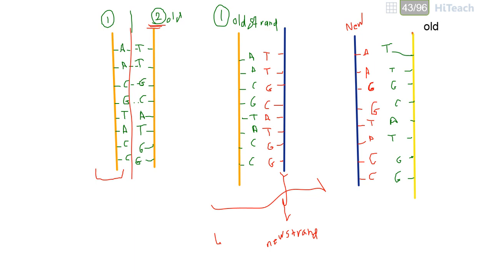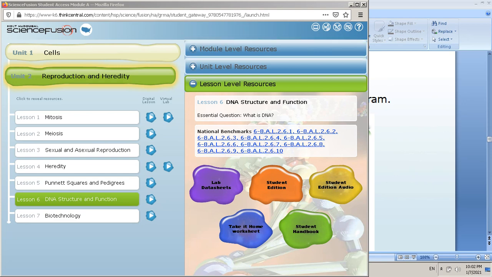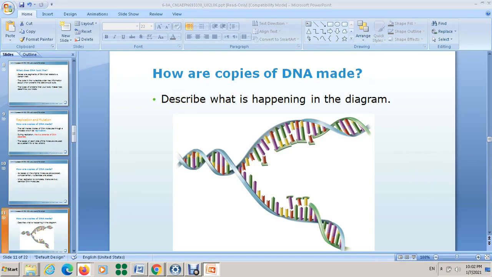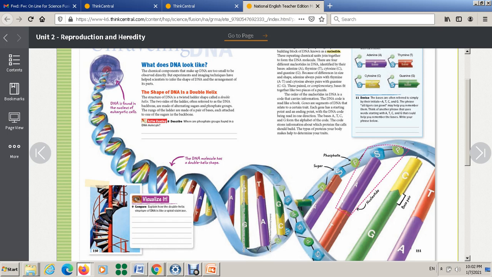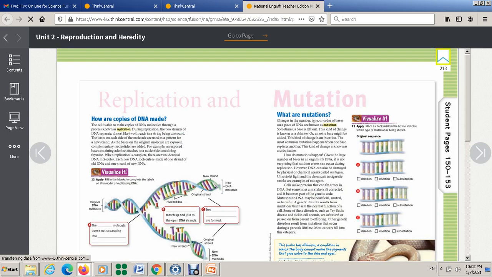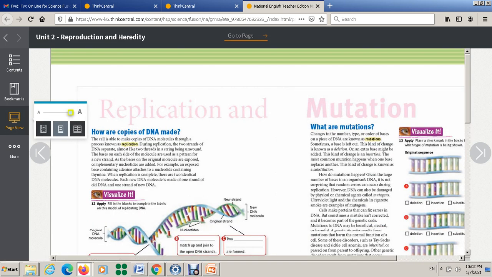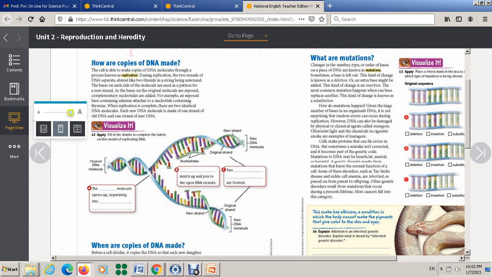So if I want to talk about the steps of replication, let's talk about them in more detail here. The first step: the DNA molecule opens up.